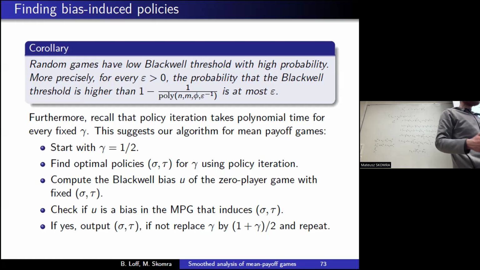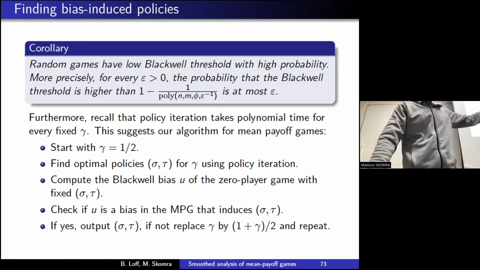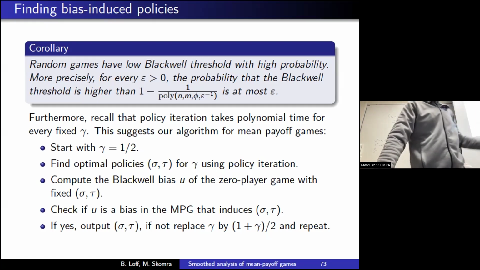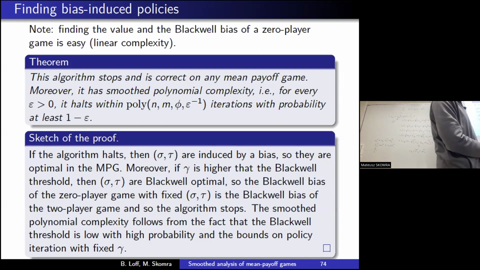So now this is a polynomial time algorithm, right? Because with high probability, it doesn't reach high gamma. So with high probability, this kind of algorithm stops in polynomial time. This is the formal version: for every epsilon, we need this many iterations with probability at least 1 minus epsilon. So if we want probability 1 minus 1 over n, this is polynomial in m and phi.